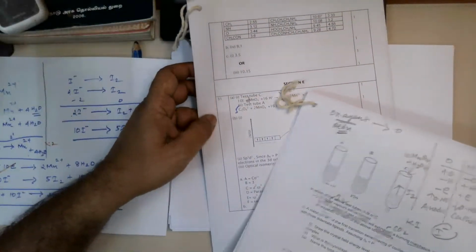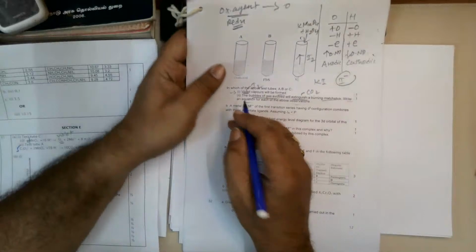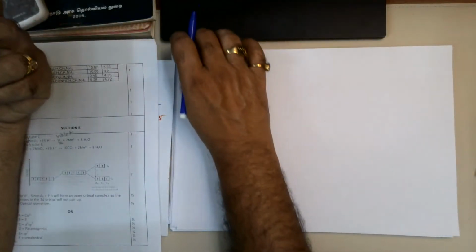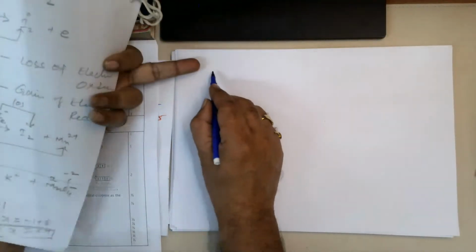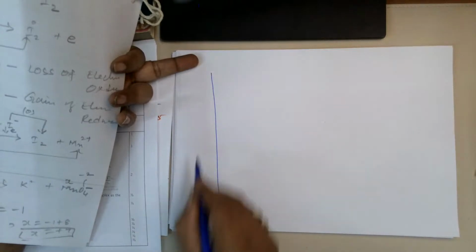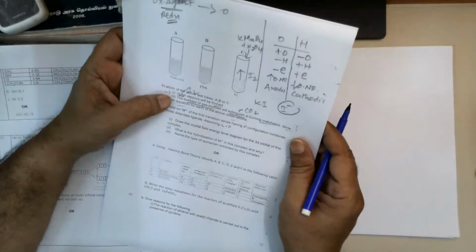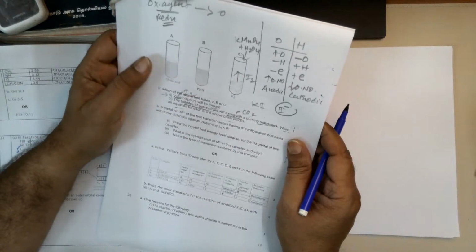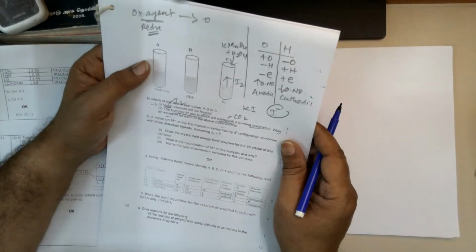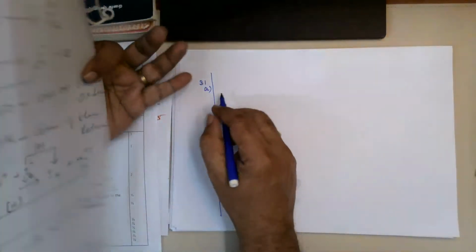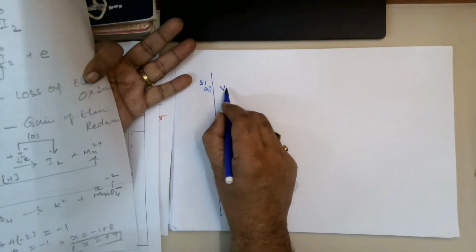These are all clues only. This is a hint, but the presentation should be very neat. So in this case, question number 31. So draw a neat margin. Question number 31A. Okay. So in which of the above test tubes will violet color vapor be formed? You have to write down the answer like this.